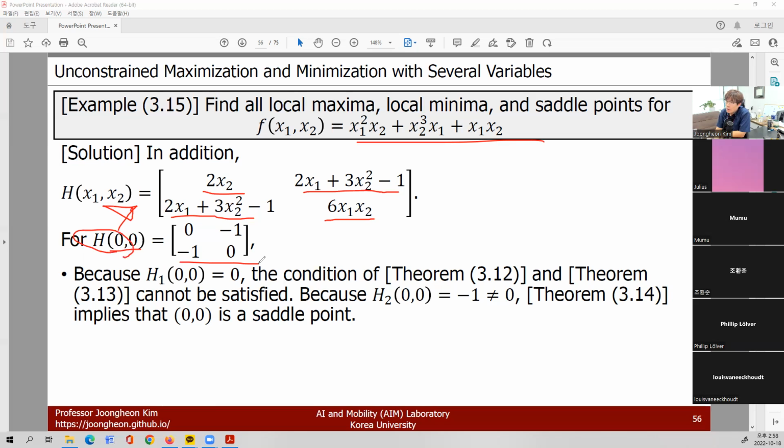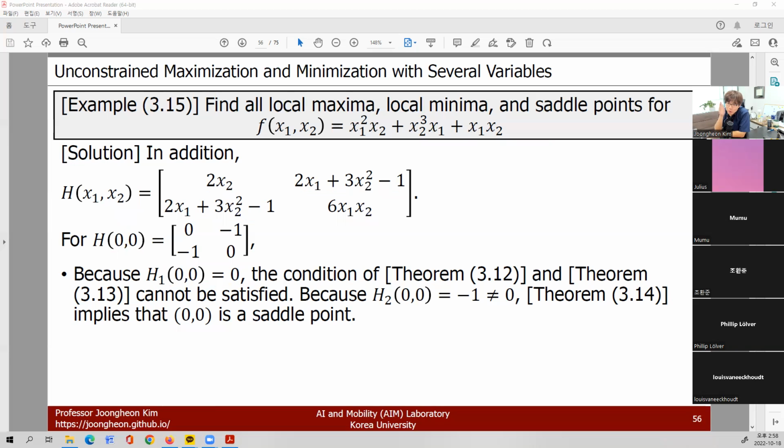This is your Hessian. Now, based on this Hessian, you calculate the first leading principal minor and the second leading principal minor. Based on that, you use the theorem. That's why, based on the theorem, this is the saddle point. Okay.